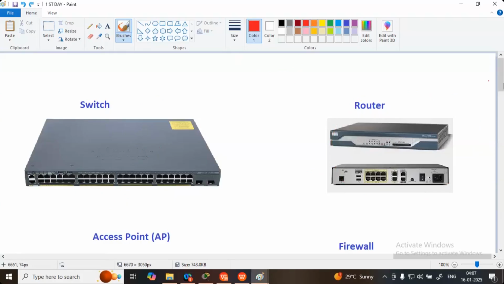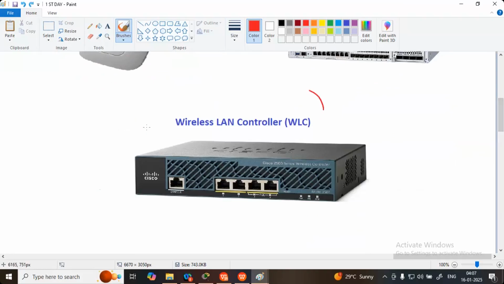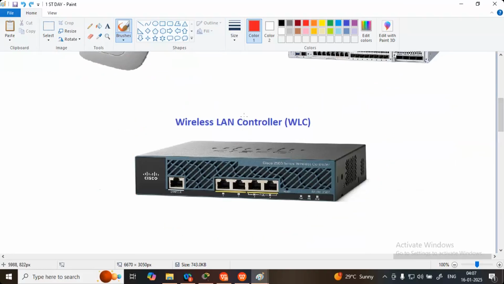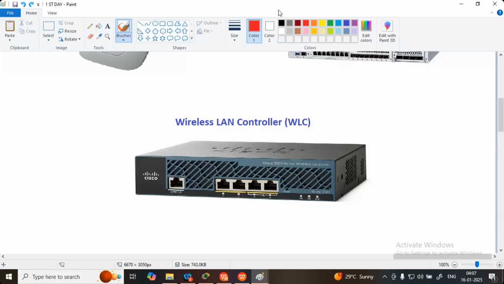Then for a wireless network, we have the AP, access point, to access the internet wirelessly. Then the network security device, firewall, to prevent unauthorized access in the network. Then for wireless networks, we have one more device, WLC, wireless LAN controller. So all these are Cisco devices, and in this CCNA we will discuss all of them.